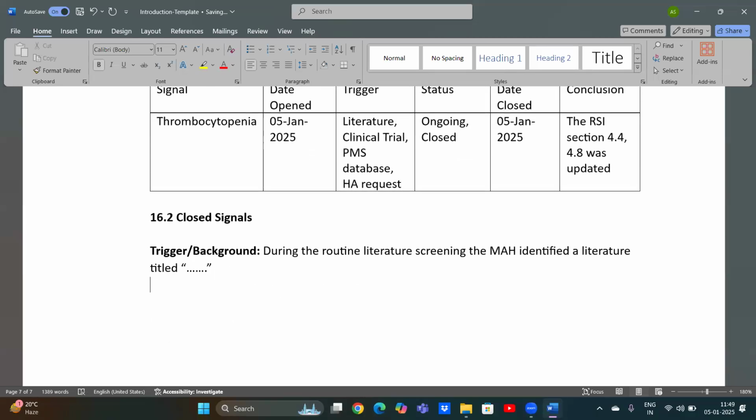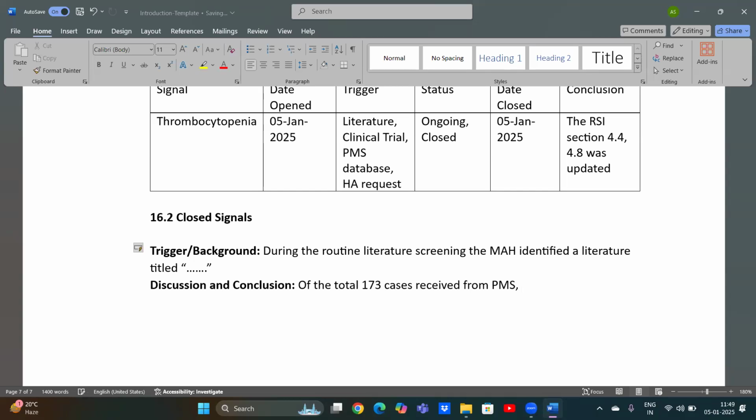Then you will write discussion and conclusion, simple. It will be like, for example, of the total 173 cases received from PMS, post-marketing source.